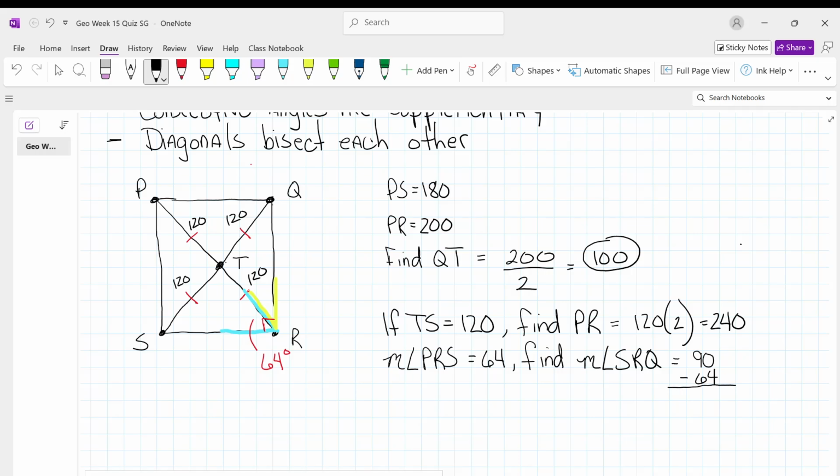And 90 minus 64 is 26 degrees. All right, the 2 angles in each vertex sum to 90 degrees. Okay?